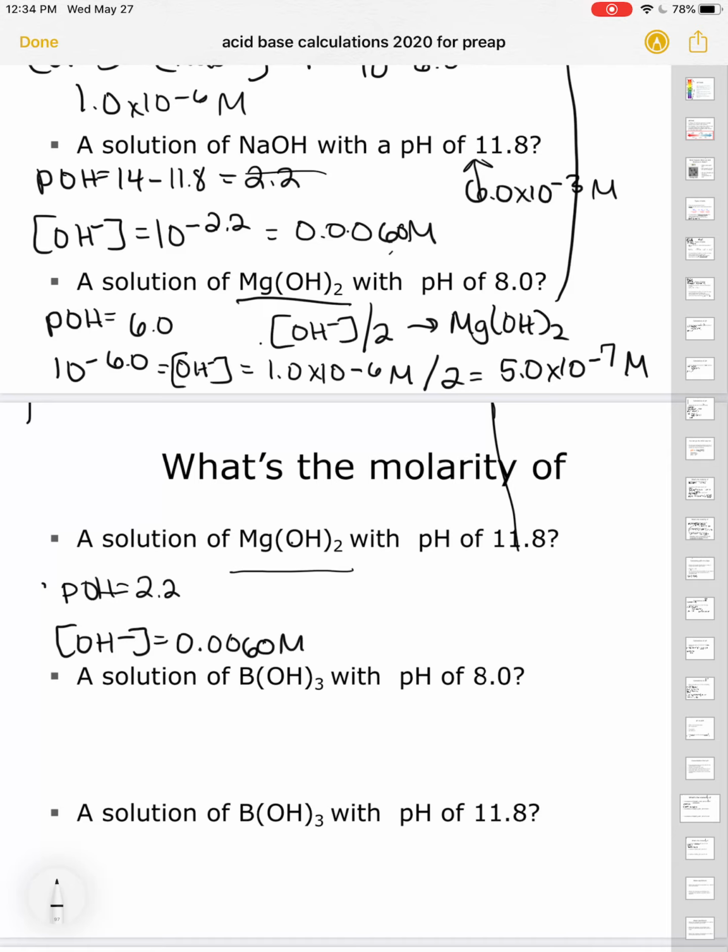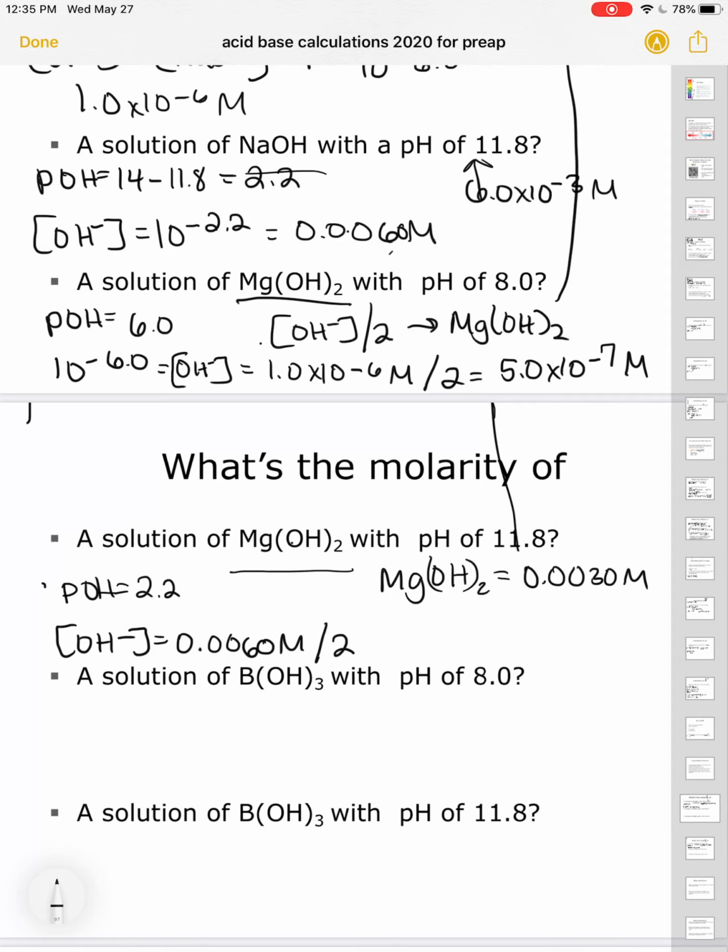But because this is dibasic, I need to divide this by 2 to get my magnesium hydroxide concentration, so this will be 0.0030 molar.